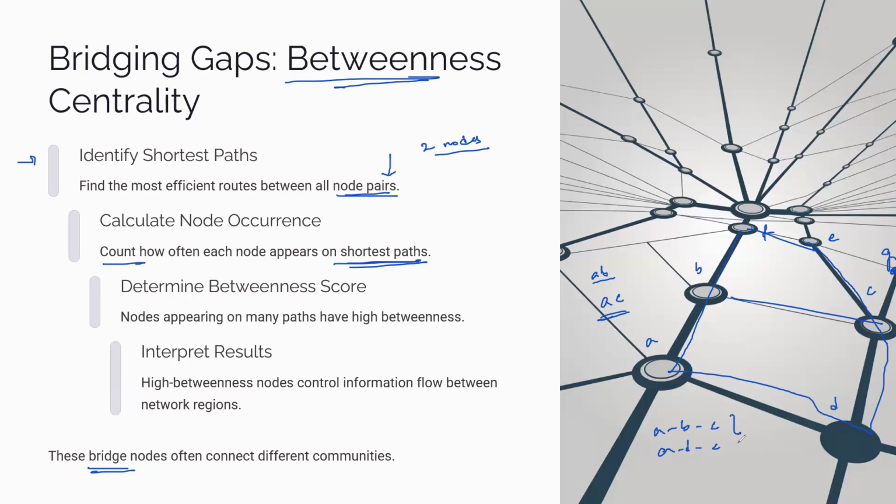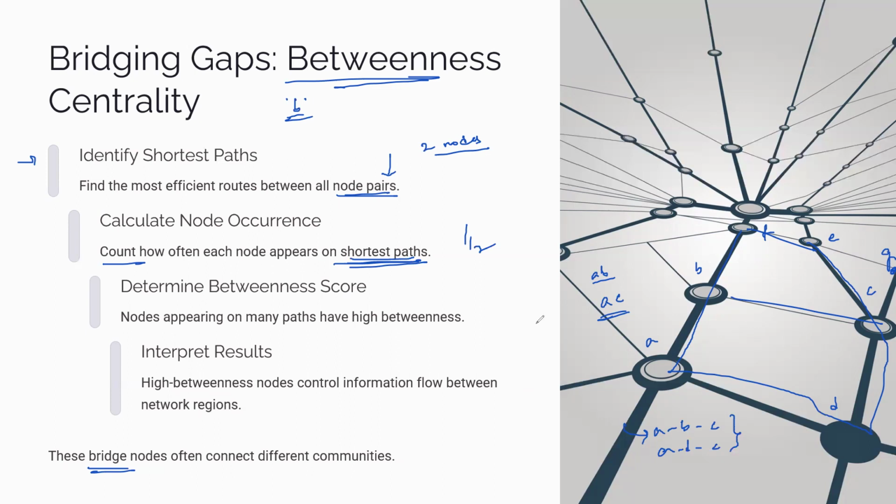So there are two shortest paths, and out of this, one path is going through B. So if I have to talk about the betweenness centrality for the node B, then I will have 1 by 2, because out of two shortest paths, the node that we are interested in is passing through it.